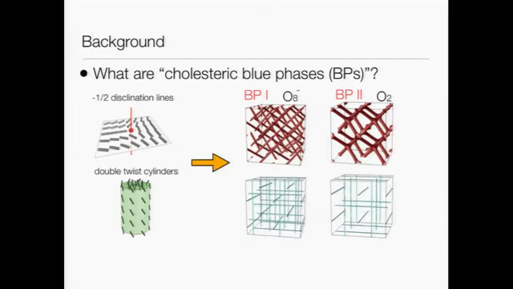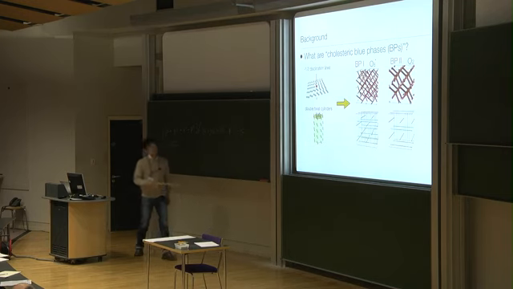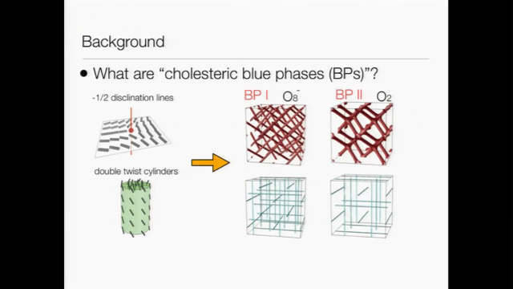This is the schematic illustration. In two cubic cholesteric blue phases, these are arranged in a regular manner. In BP1, the phase takes body-centered cubic symmetry, and in the other cubic phase, the symmetry is simple cubic.